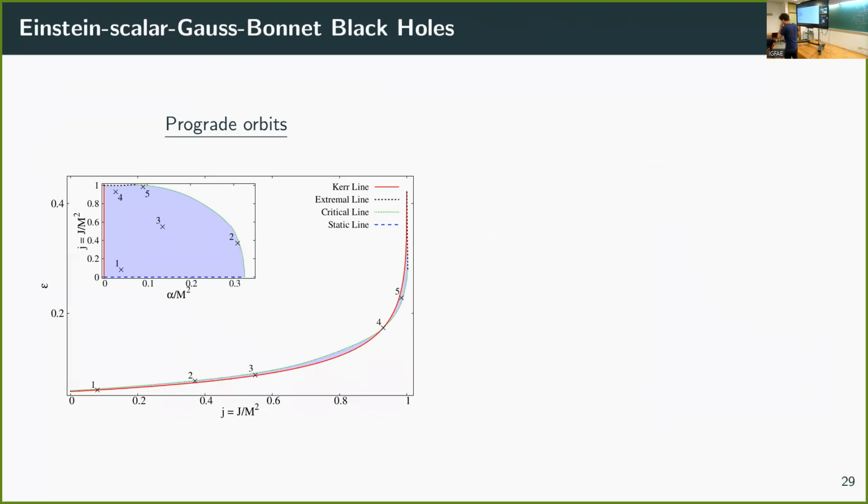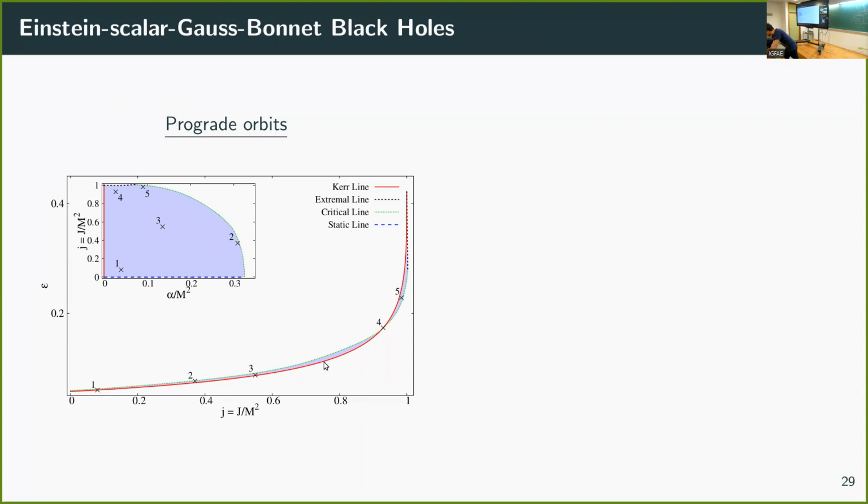Now, regarding the Einstein-scalar-Gauss-Bonnet black holes, the analysis is much simpler because for this case, all solutions have a Kerr-like structure. So here you have again the domain, and here we have the efficiency as a function of the dimensionless spin. Now the Kerr line is this red solid line.